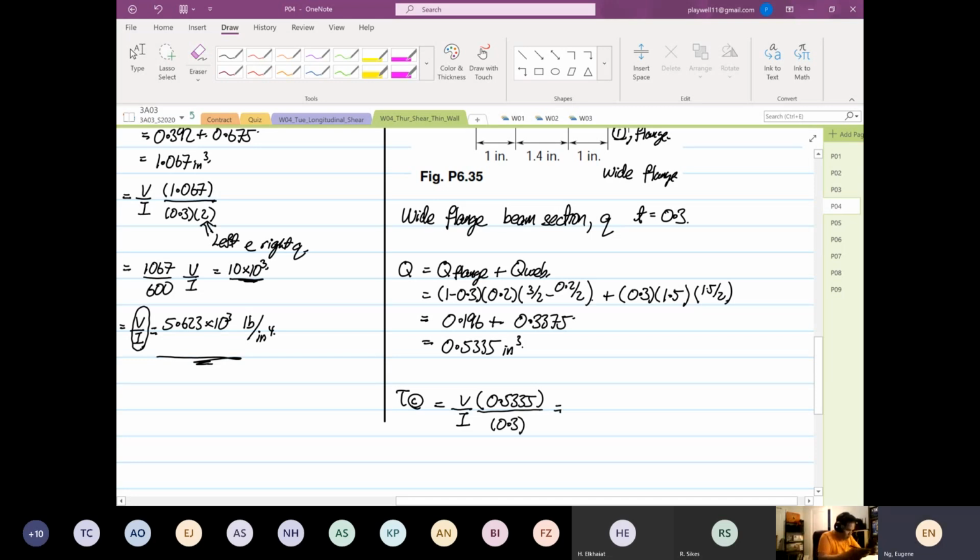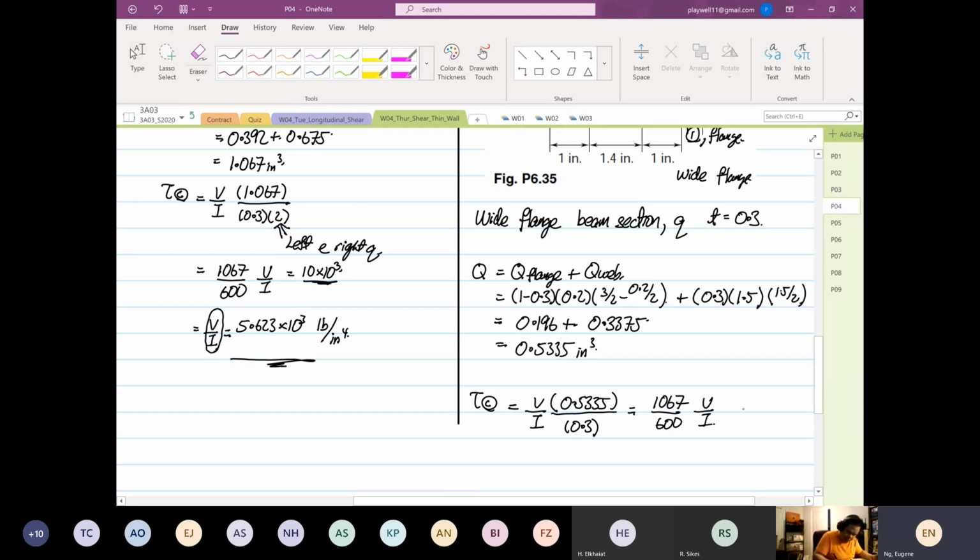So this will be equal to 0.5335 divided by 0.3, times 1067 divided by 600. Therefore, V over I is also equal to 5.623 times 10 to the power 3 pounds per inch to the power 4.